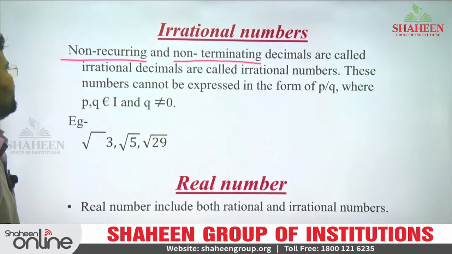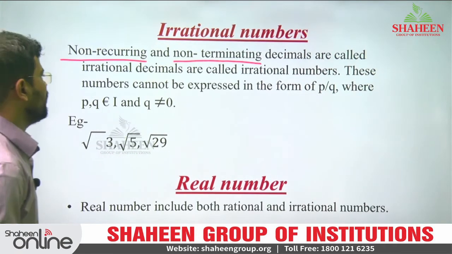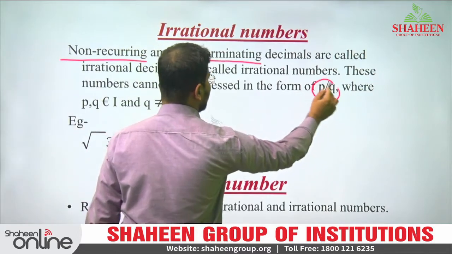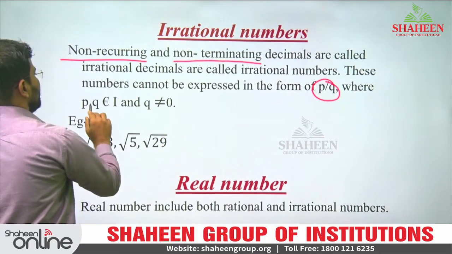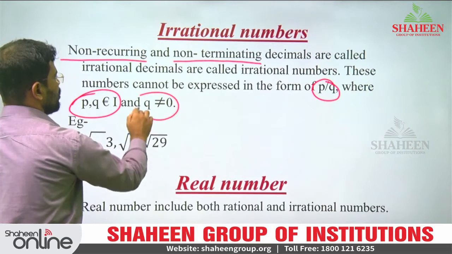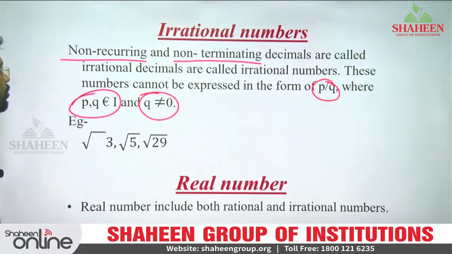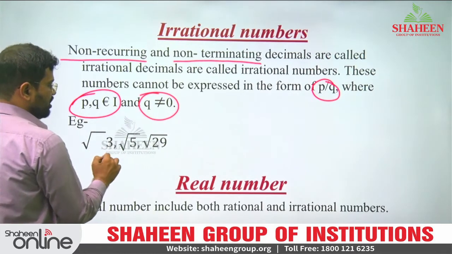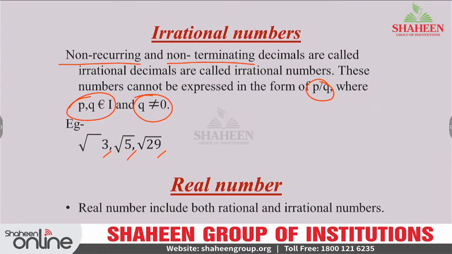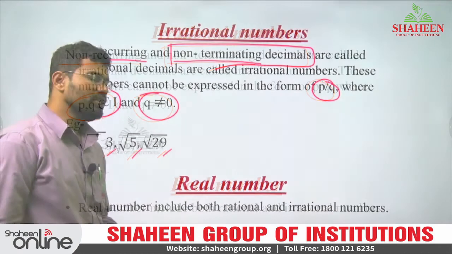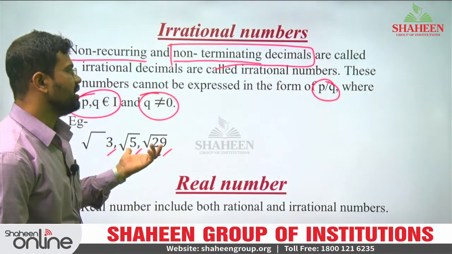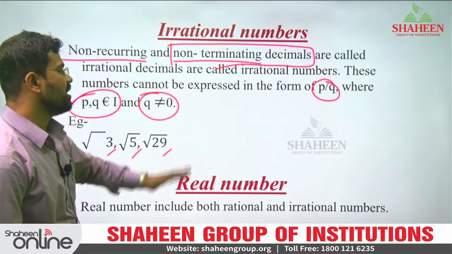These numbers cannot be expressed in the form of P by Q, where P, Q belong to I and Q is not equal to 0. If you take root 3, root 5, root 29 and so on, you will get non-terminating decimals. Whenever you get non-terminating decimals, those are called irrational numbers.